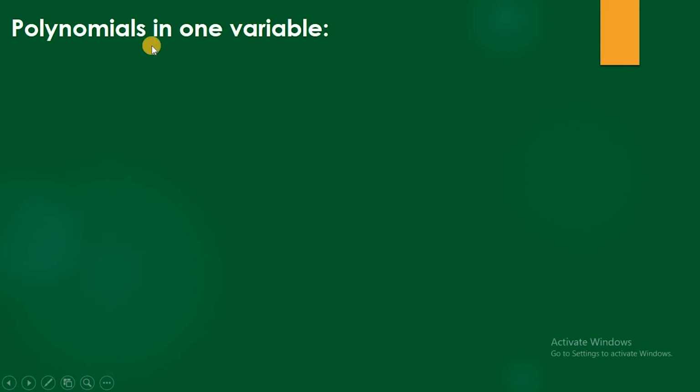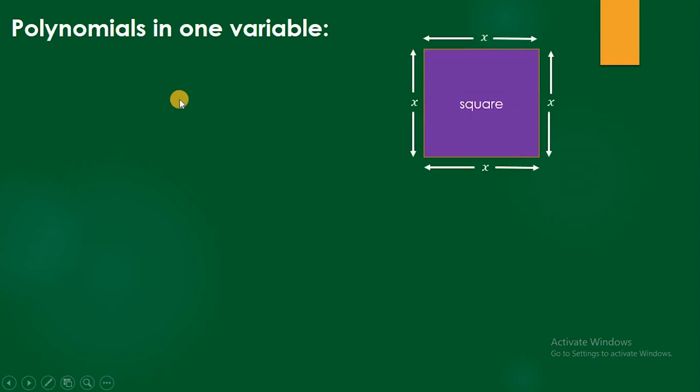Okay, now we'll discuss polynomials in one variable. We know about variables, and now we know the meaning of polynomial. Let's take an example. For example, we have a square, and in a square the lengths of all 4 sides are equal. So we'll take x unit for each side.